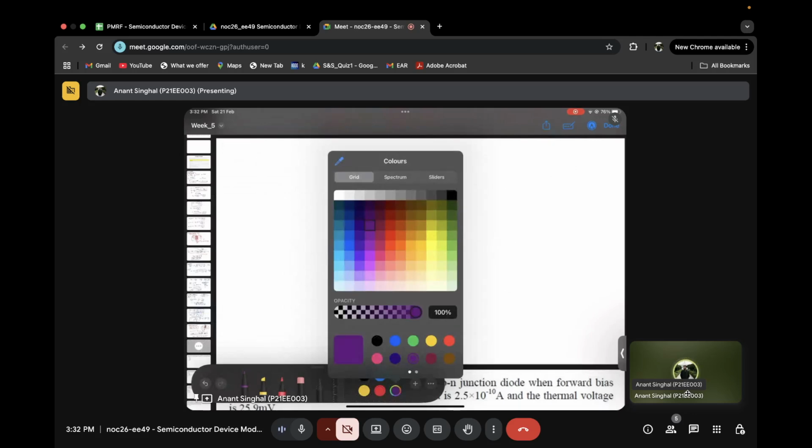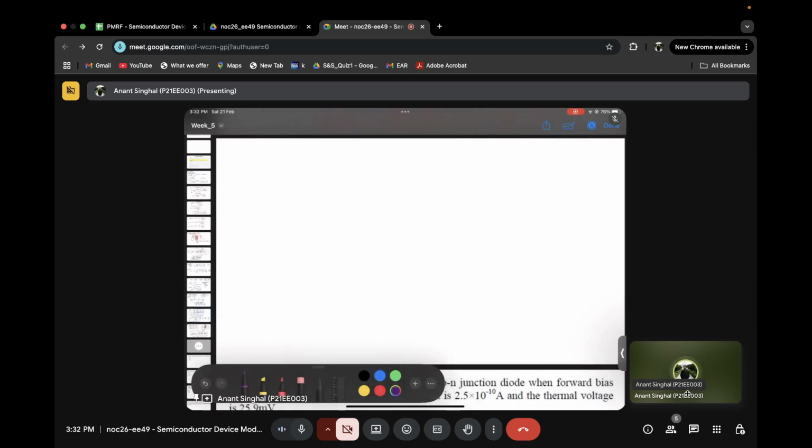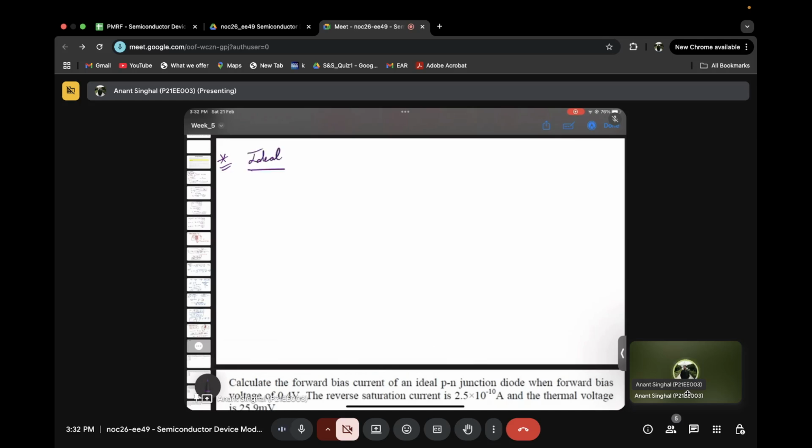So using this only, since we left the important topic of this ideal PN junction current equation, using these only we get to know the final current equation for the PN junction. And how do we calculate it? In the PN junction, we know that we are only caring about the depletion.